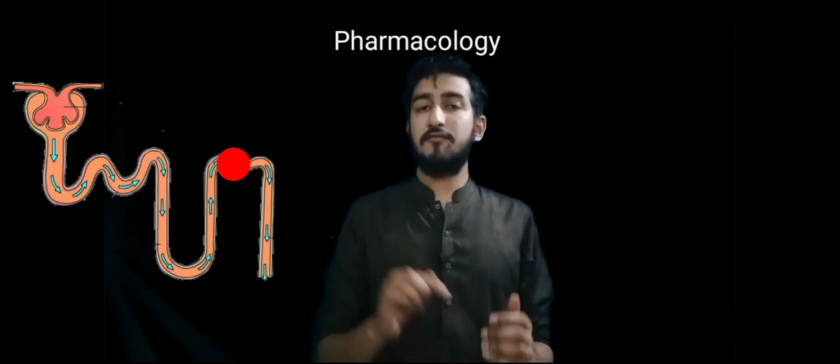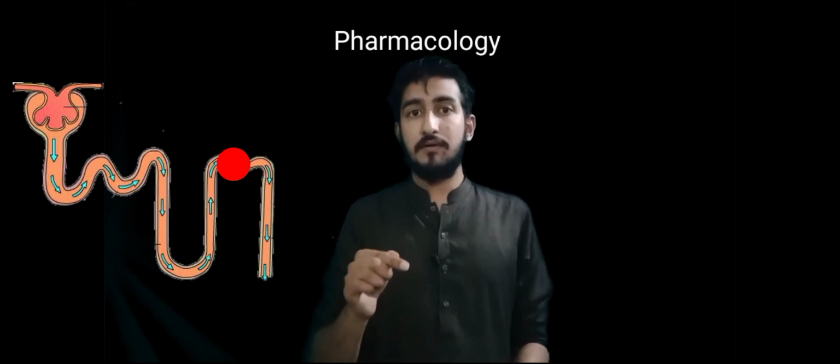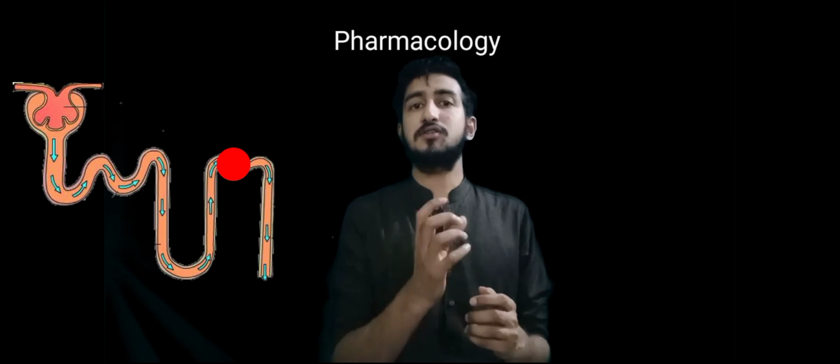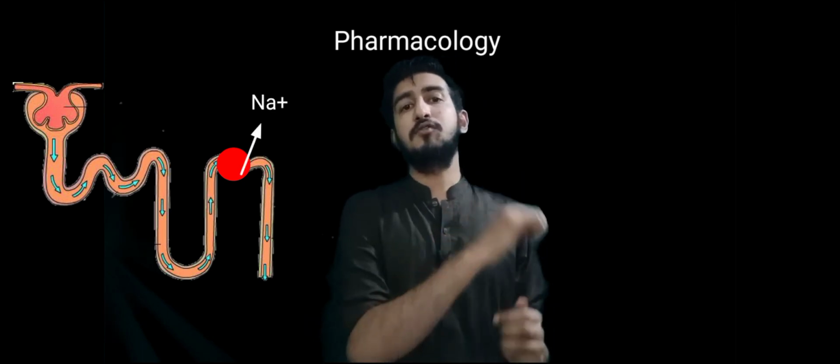So in the DCT, means distal convoluted tubules, you will see the sodium channels or the sodium carriers. Now what is actually the function of this sodium channel? Well, when the urine passes through the nephron tubule, from the lumen, the sodium channels actually pump the sodium out of the urine into the blood.